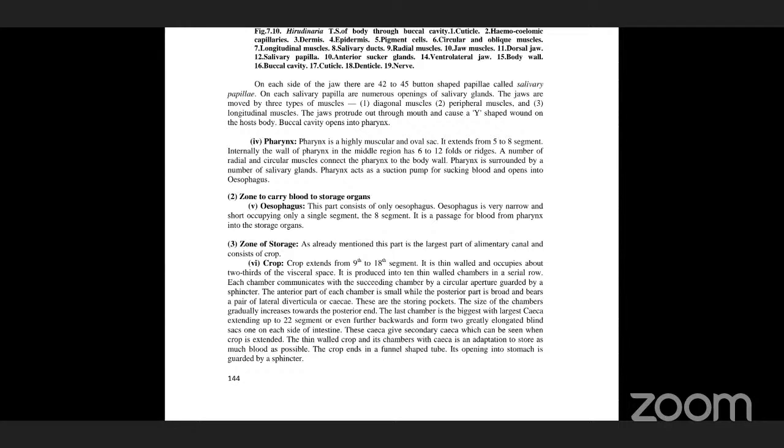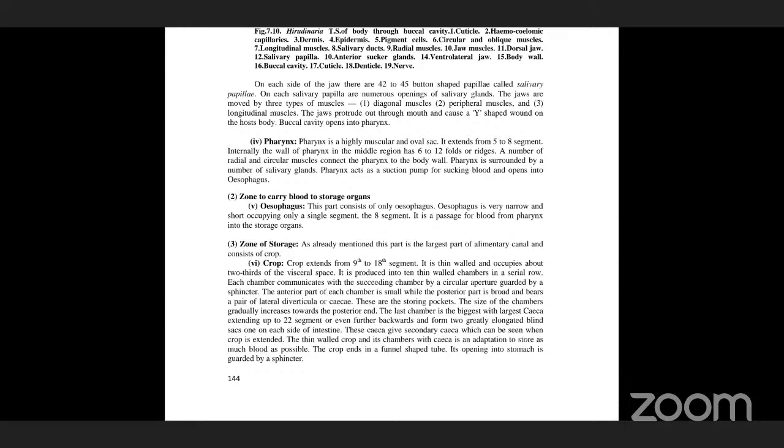Next is the pharynx, which is a highly vascular, oval sac. It extends from the fifth to the eighth segment. Internally, the wall of the pharynx in the middle region has 6 to 12 folds.